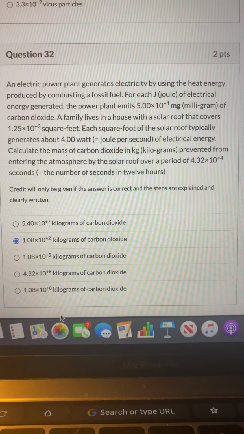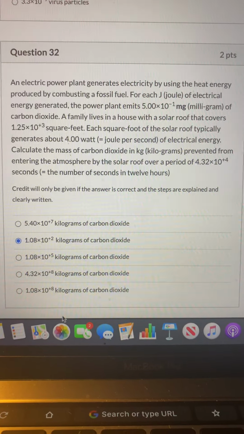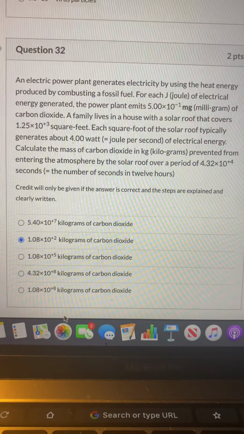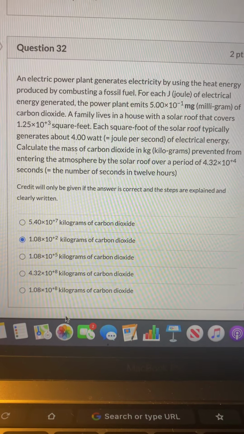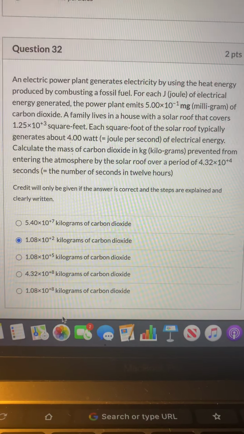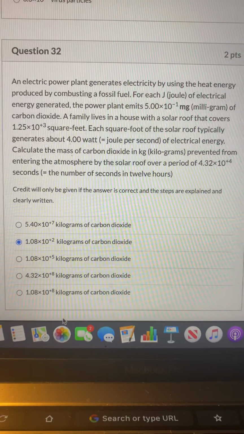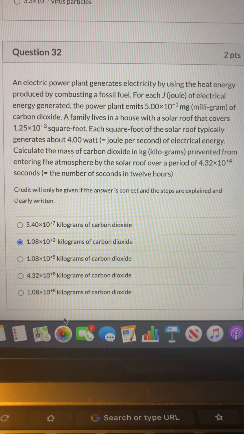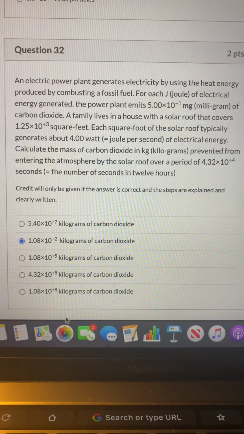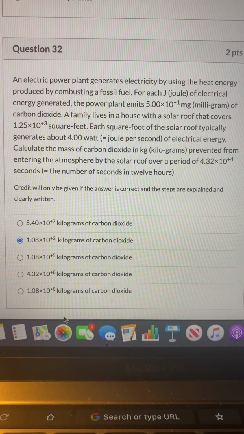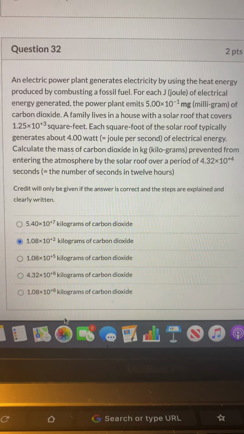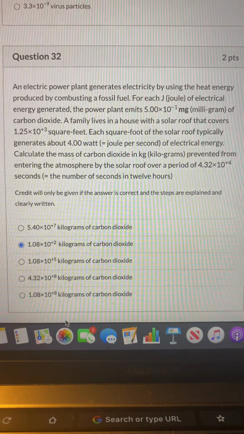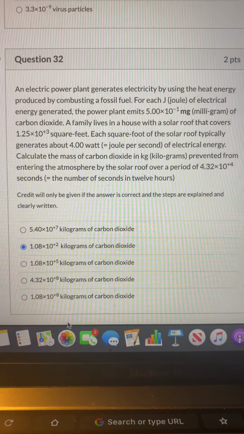An electrical power plant generates electricity by using the heat energy produced by combusting a fossil fuel. For each joule of electrical energy generated, the power plant emits 5.00 times 10 to the negative 1 milligrams of carbon dioxide. A family lives in a house with a solar roof that covers 1.25 times 10 to the 3 square feet.